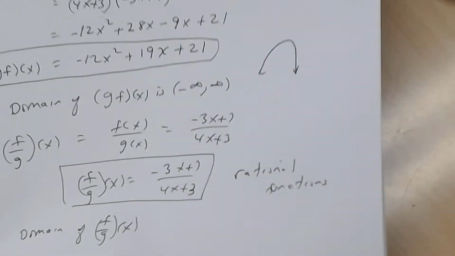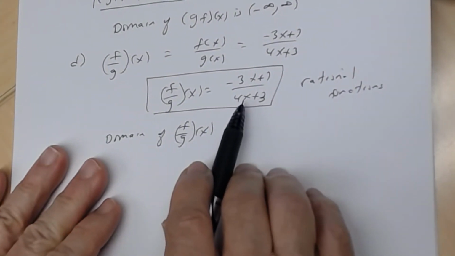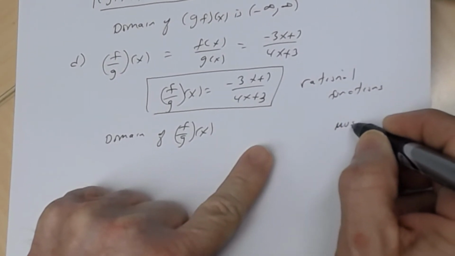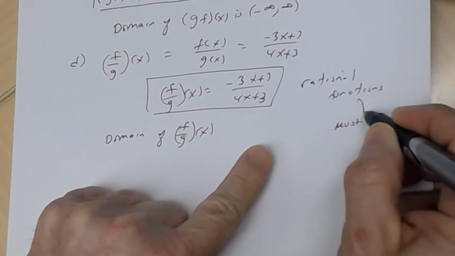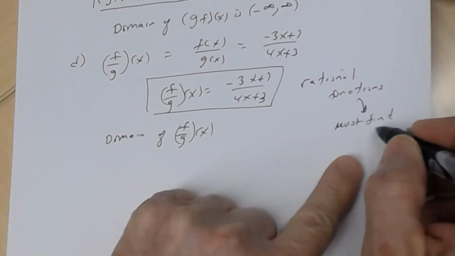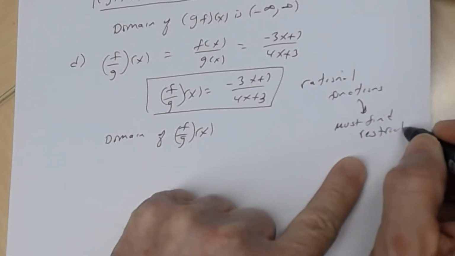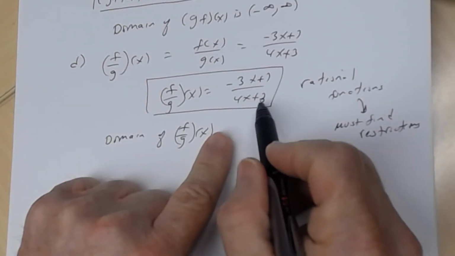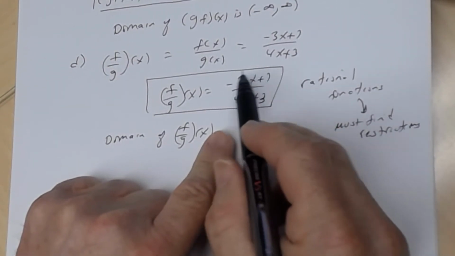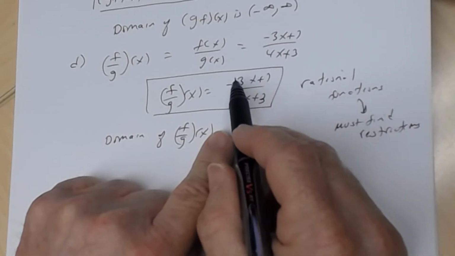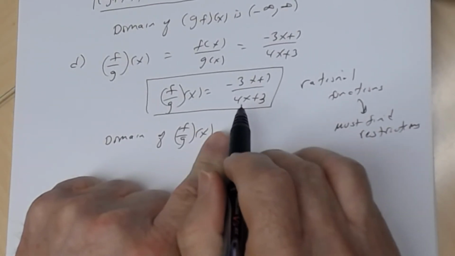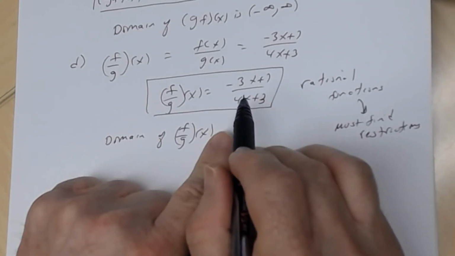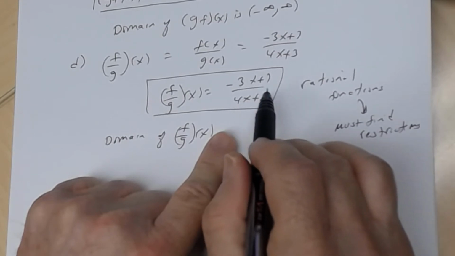We saw, well, I got to find restrictions, right? So remember, we must find restrictions. So since it's a rational function, we must find restrictions. So in other words, I got to find out what x will make this denominator 0. I don't care about the numerator. The numerator can be any number. It could be 0. It could be any real number. But the denominator cannot be 0. So I got to find out what x will make this denominator 0.